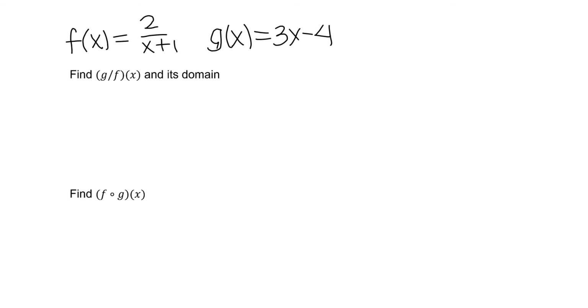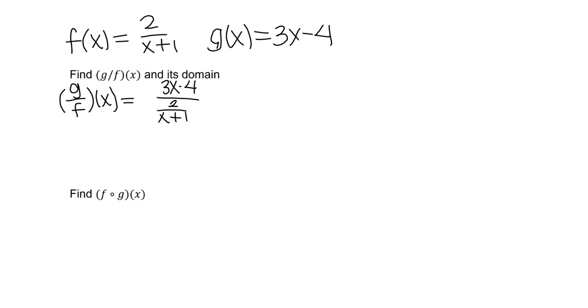So I said the order of division matters. Because it's g divided by f, g is going to go in the numerator, f in the denominator. So g over f of x equals 3x minus 4 divided by 2 over x plus 1.